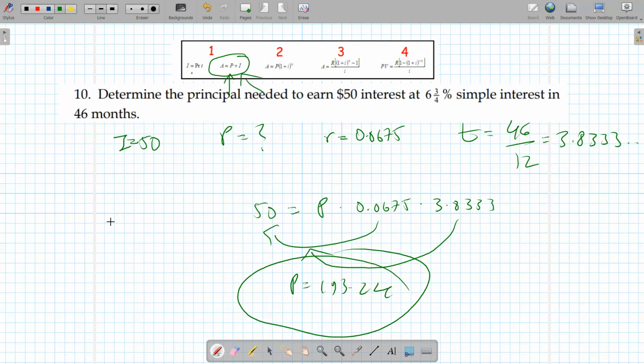What's the final amount? Look up there. We found P, they've given us the interest. We put in P, we earn the interest. What do we do, add or subtract here? You add it, exactly. 193 plus 50 in your head, what is it?